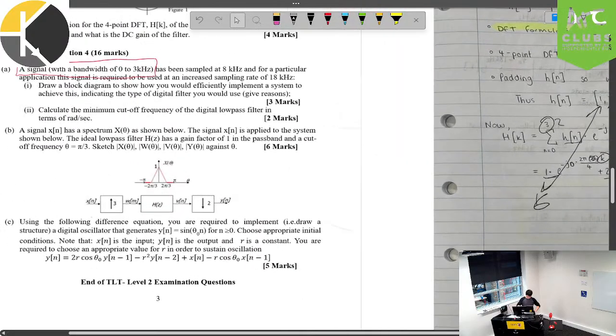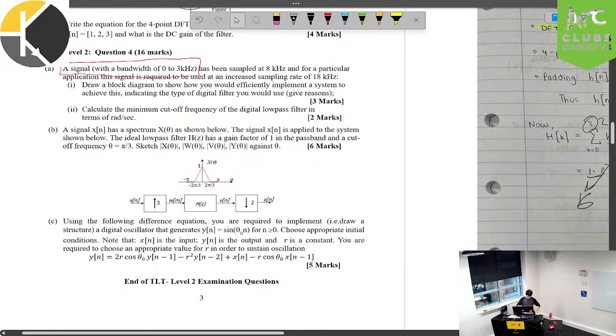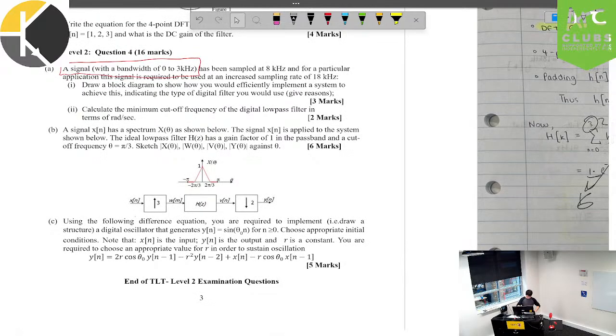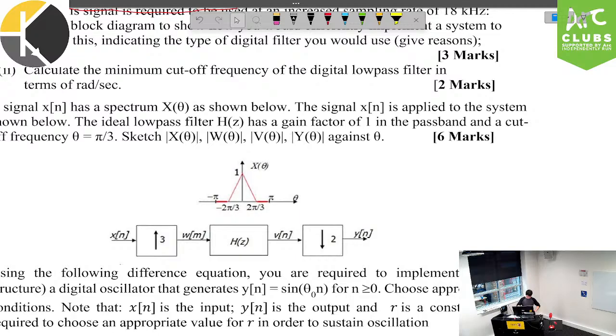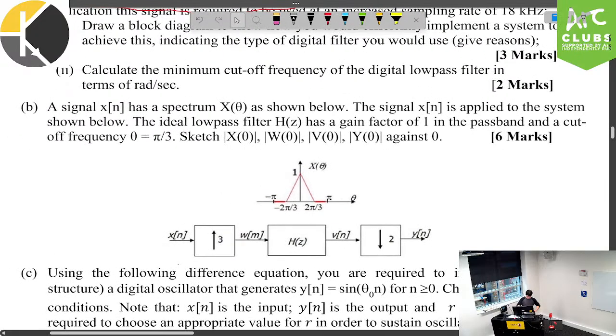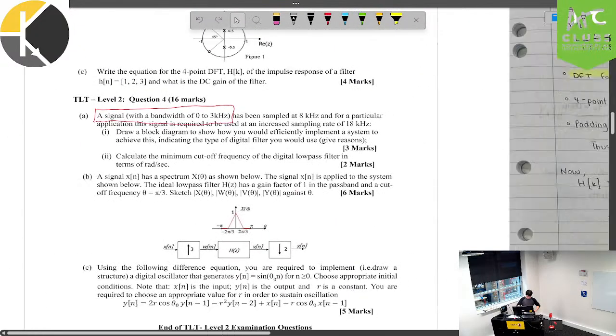Moving forwards, there's question B. A signal xn has a spectrum of x theta as shown. So it's this little triangular thing that goes to 2 pi on 3. Fantastic stuff. The signal xn is applied to the system shown below. So we have an upsampling of 3.